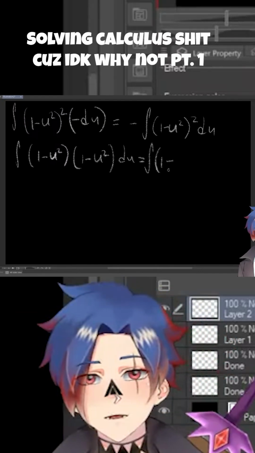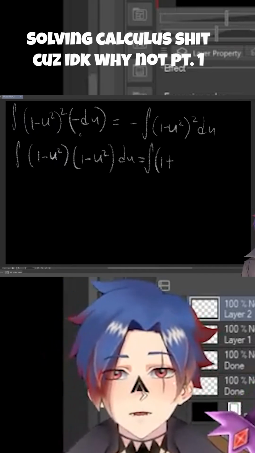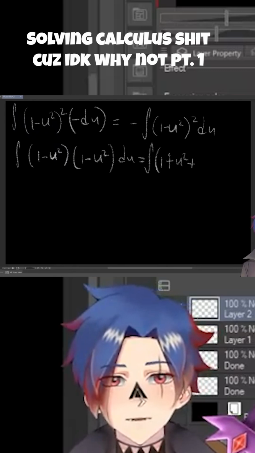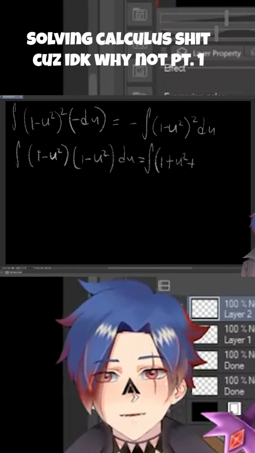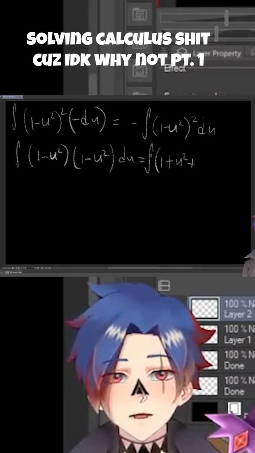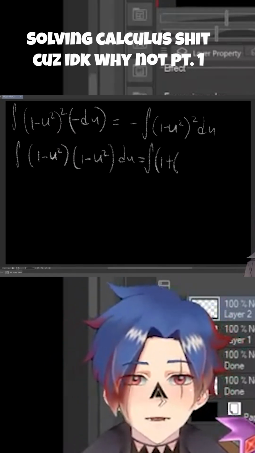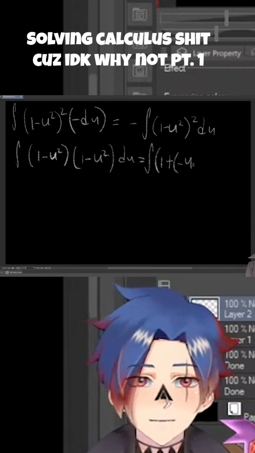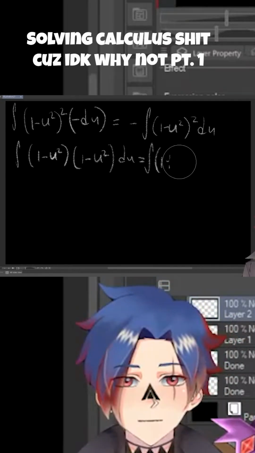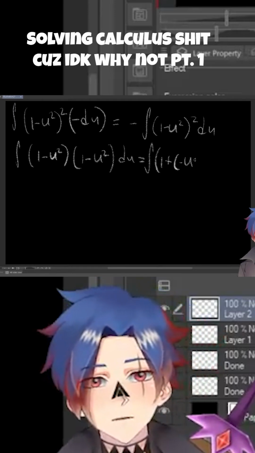Then plus outer, so u squared, because it's 1 times u squared. Then negative u squared, I forgot.